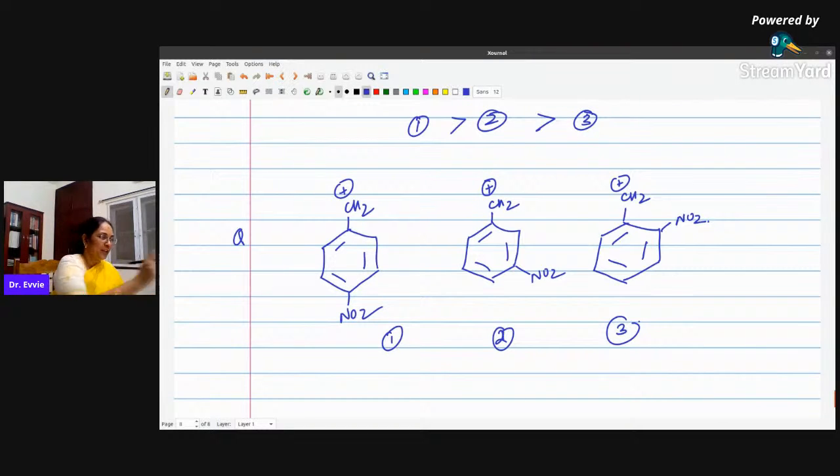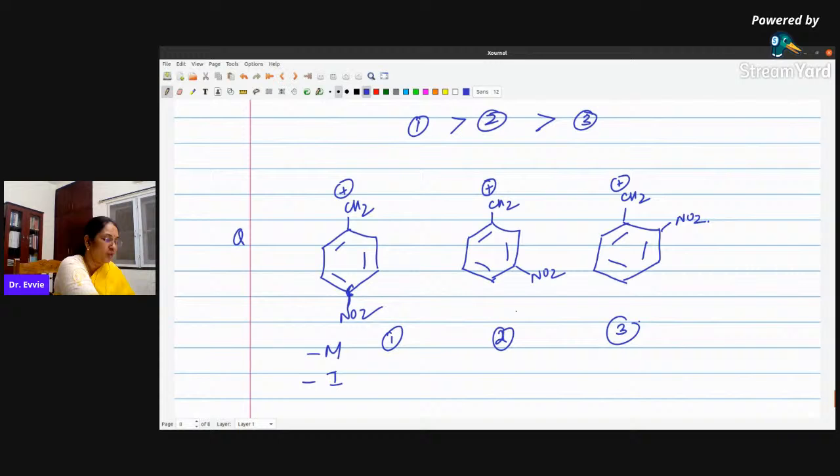Now you know here it's an electron withdrawing group, NO2. If NO2 is attached to the carbon, what will you call it? Minus M effect. And it will also give you minus I effect, because this is a carbon which is less electronegative than nitrogen. So we have to consider both. Now here there's no minus M effect because in the meta position we don't have that.